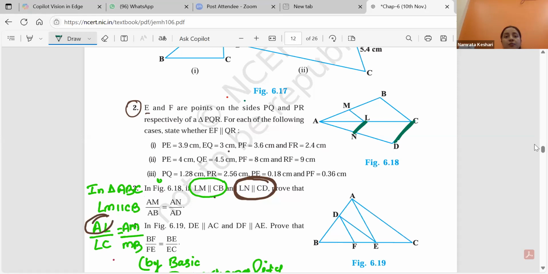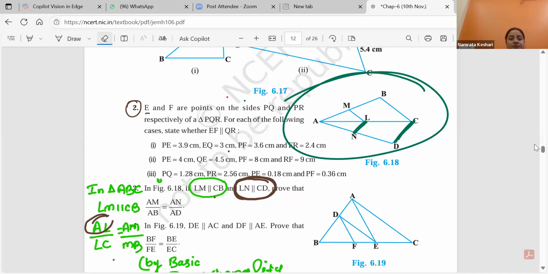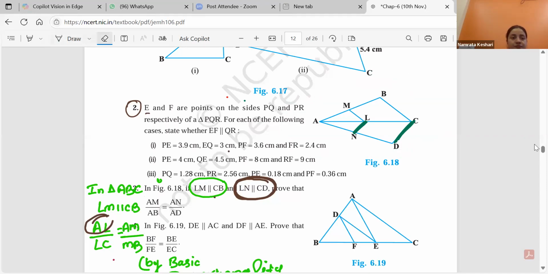How? When the parallel lines are given, LN is parallel to CD written over here. Are you getting which triangle we can take from this whole structure? Which triangle to pick? Please tell me. ACD.